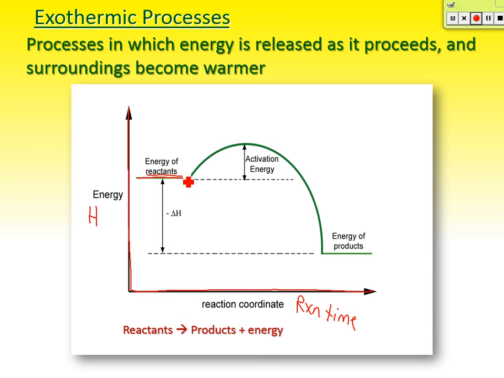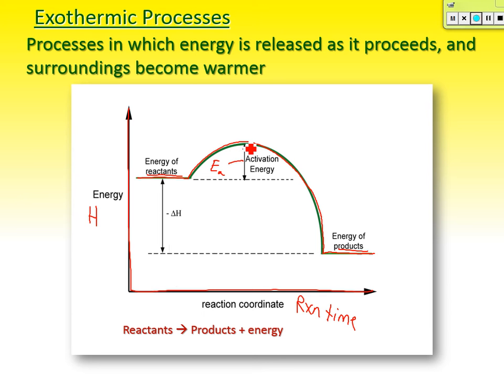Then we go over this hill. That hill is called the activation energy. We come down and finish below where we started, and we call this line the products. Let's label a couple of things. This hill, let's put E sub A. That is the energy of activation. It always goes from the reactants to the top of the hill.